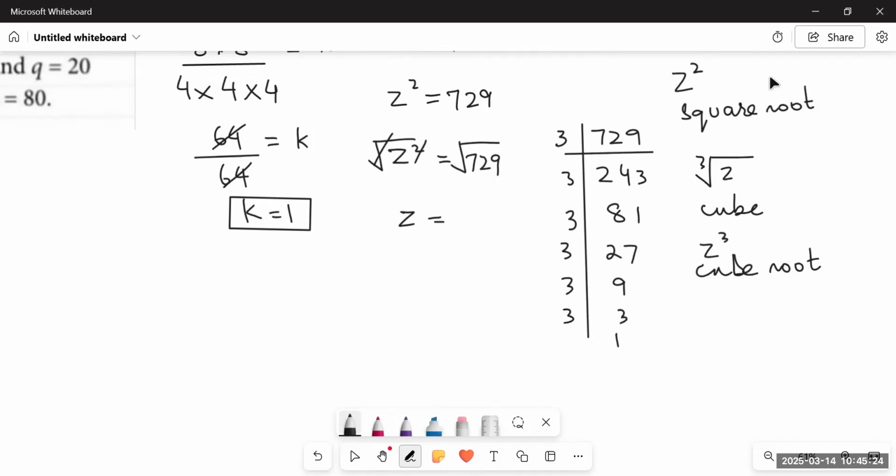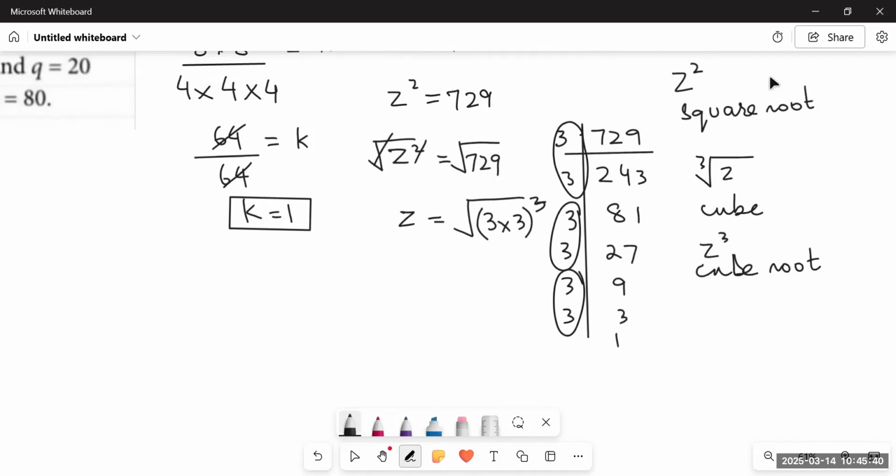And since we have to find the square root, we'll make pairs. After making pairs, we will get 3 pairs. So it becomes 3 raised to the power cube.